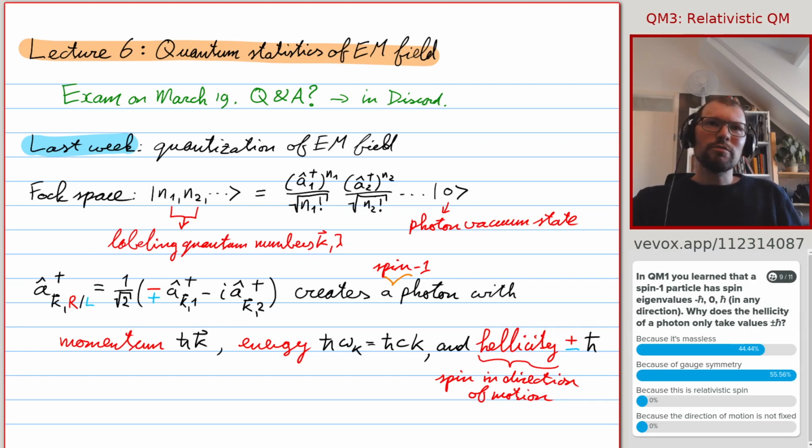If this were a massive particle, we could say, well, let's go to the rest frame of this particle, and there would be no direction of motion. So then there would not be a reference frame invariant way of saying that in the direction of motion we cannot have 0 spin. So that's another way of thinking about this.